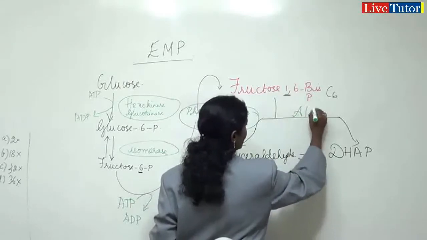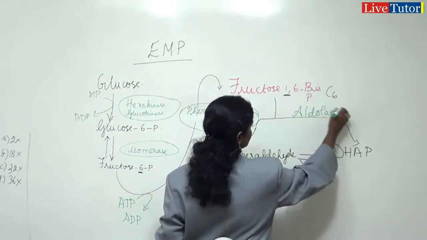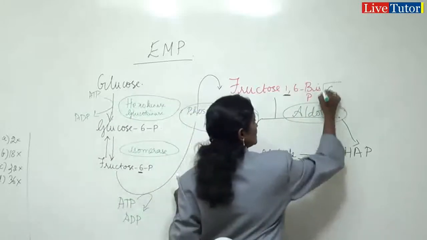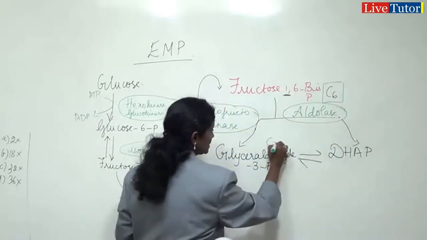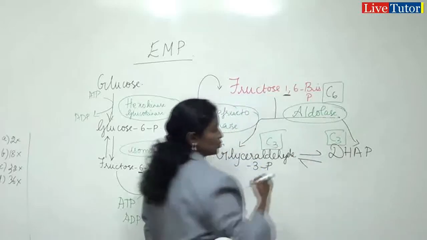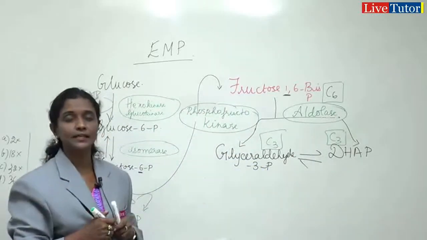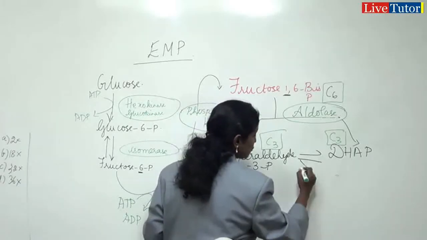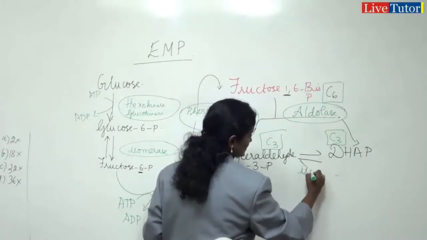Aldolase, right? Aldolase breaks the 6 carbon sugar into C3 and C3, but one is an aldehyde, another one is a ketone. The enzyme catalyzing this interconversion step is phosphotriose isomerase.